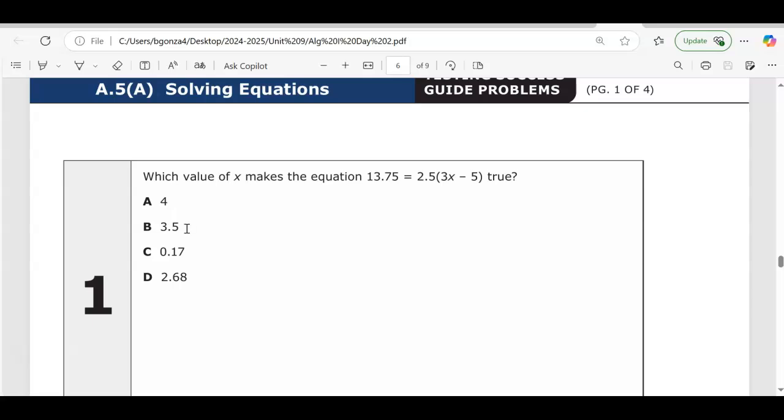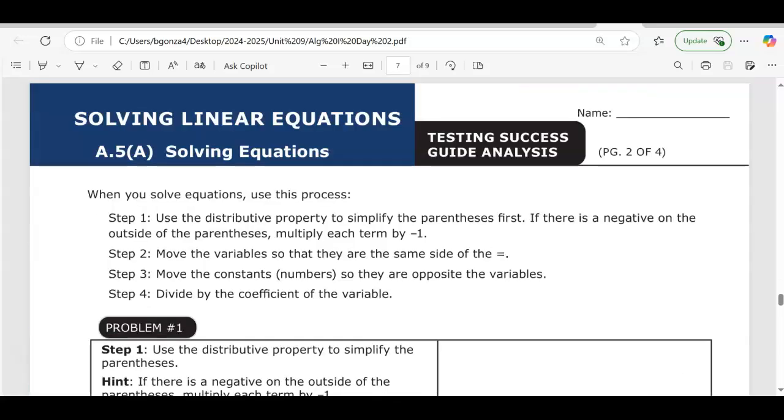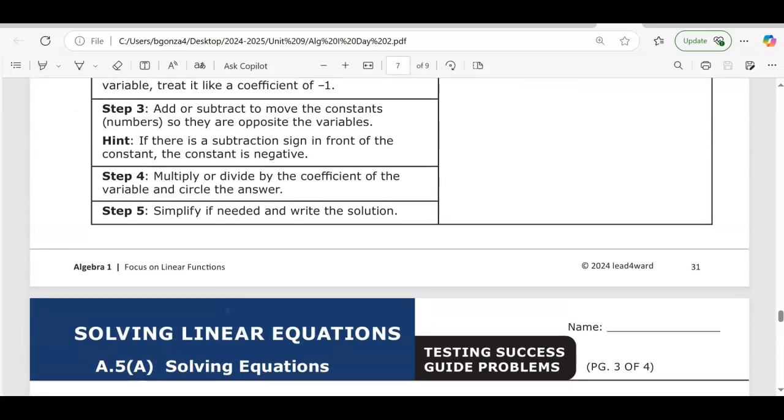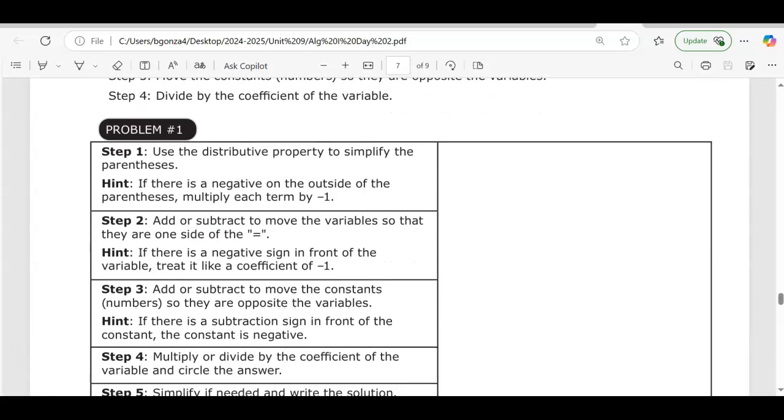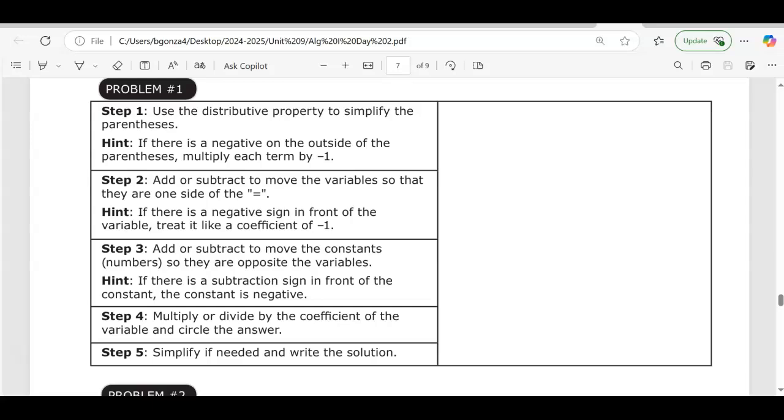So whenever I see an equation with one variable, I can either solve it by hand algebraically, step by step, or I can use what we learned yesterday with Desmos, right? Please use Desmos at least to check your work, okay? So what I'm doing right now is I'm going to show you how to do it by hand, but you should use Desmos to check your work, okay?